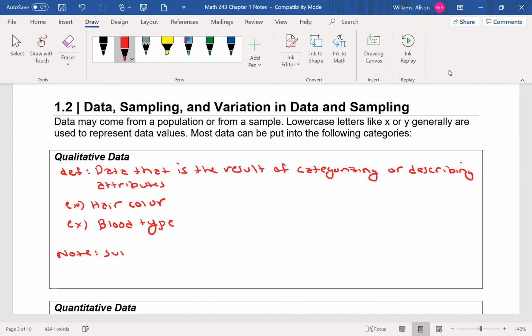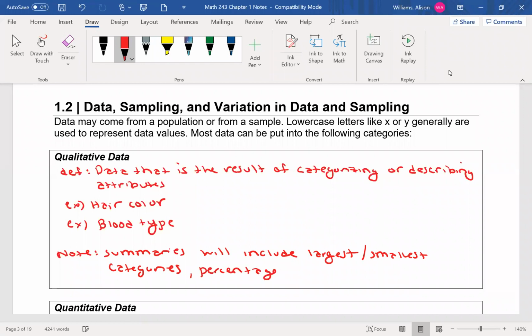So summaries will include the largest amount of data or smallest, whatever you're interested in, categories, and maybe percentages or proportions or something along those lines. But that's about it. It's really all we can do for qualitative data.